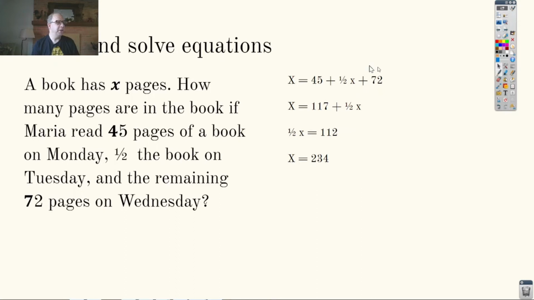If I subtract 117 on both sides, I have a half of X equals 117. Notice how I flipped it backwards. If you subtracted negative 117 on both sides, you would have negative 117 equals half of X. I can flip that around.